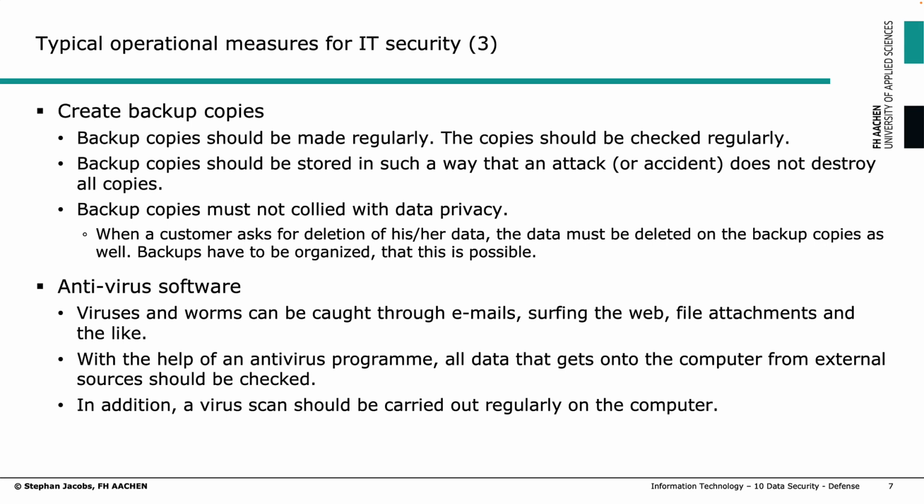So if a new virus pops up tomorrow and the virus checker is informed about this new virus maybe next week, then the virus will have, let's say, a week to infect your computer. So instead of just checking, you should every now and then, meaning regularly, run a virus scan on your computer to see if it is already infected.